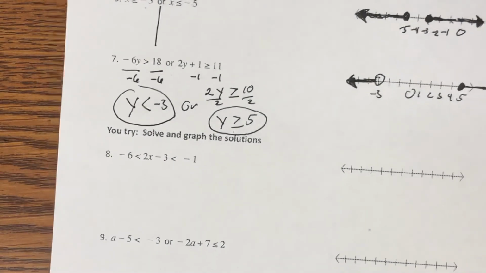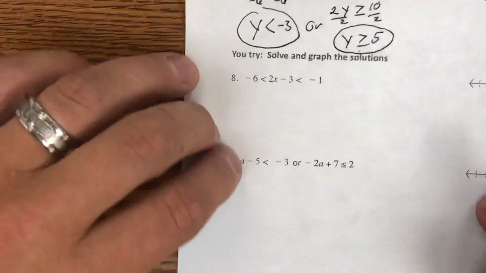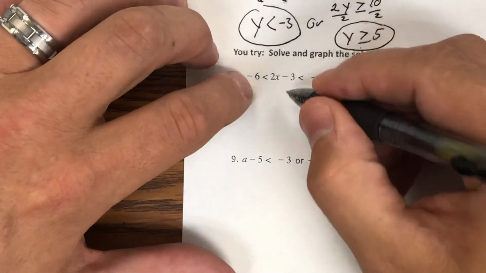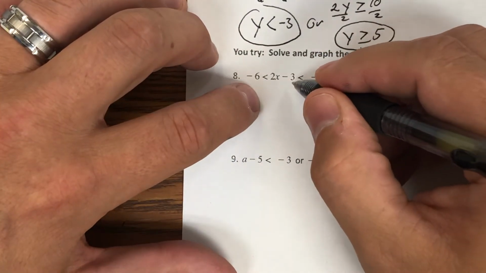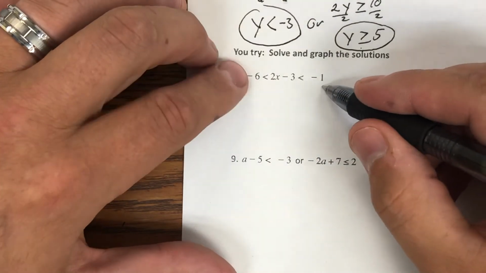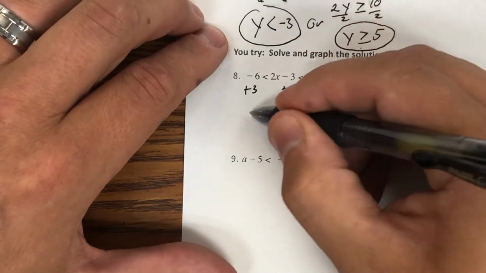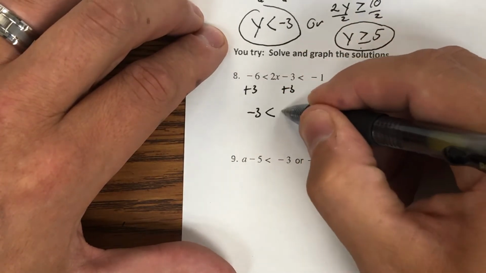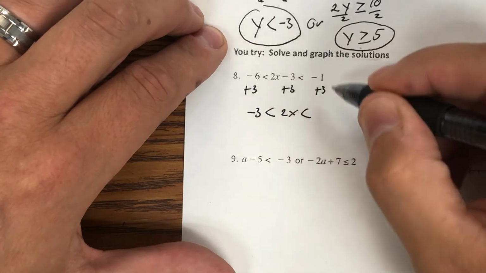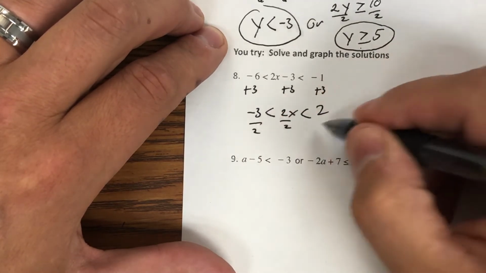All right, hopefully after the pause, you had success on these 2 U-tries, so let's see how we did. And statement first, because it doesn't say or. The x is in between, so I have to solve both the right side and left side. Add 3 to all parts. -3 less than 2x, less than 2. Divide by 2, divide by 2, divide by 2.